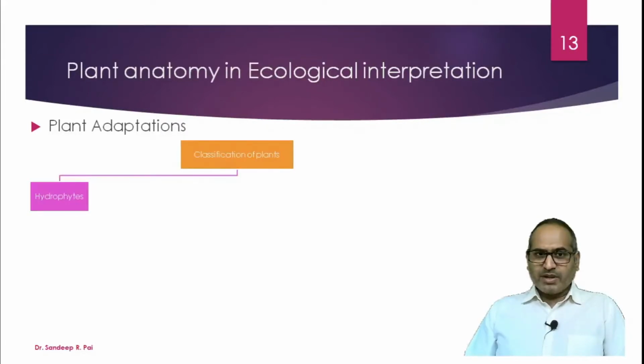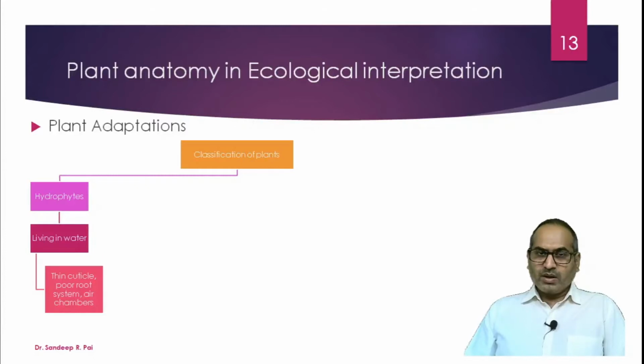Classification of plants based on the ecological interpretation, I can classify into hydrophytes. So what are hydrophytes? The plants living in water are known as hydrophytes. What are the characters of plants which are living in water?